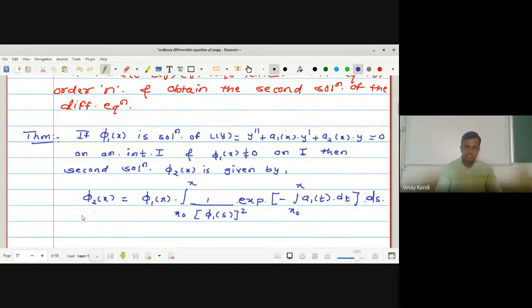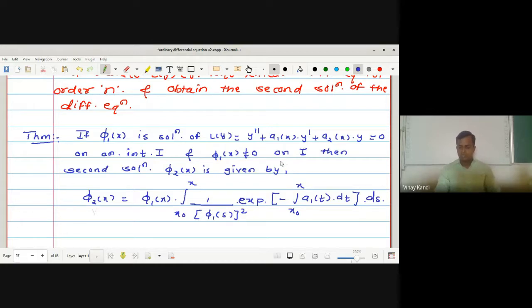So this is the second solution of this given differential equation if phi 1 is known and phi 1 is not equal to 0 on an interval I. So this is the theorem we have to prove.